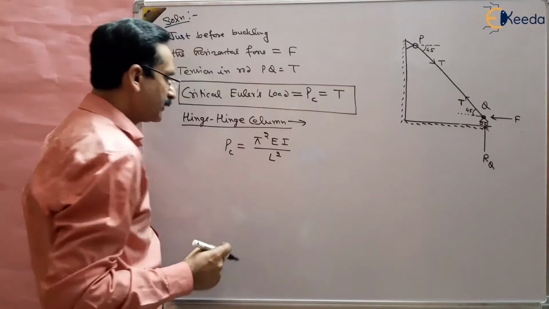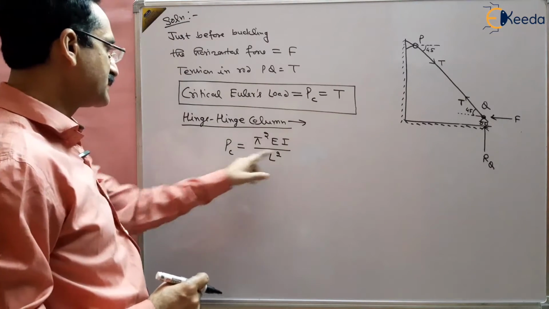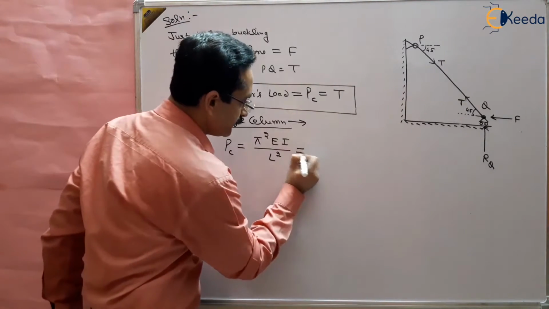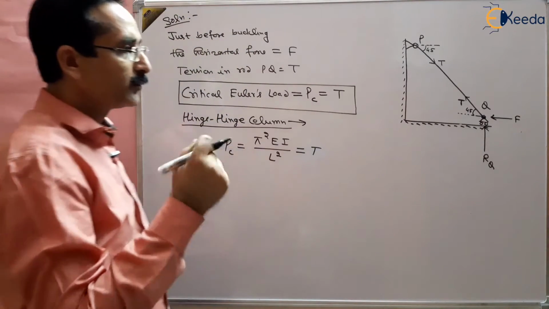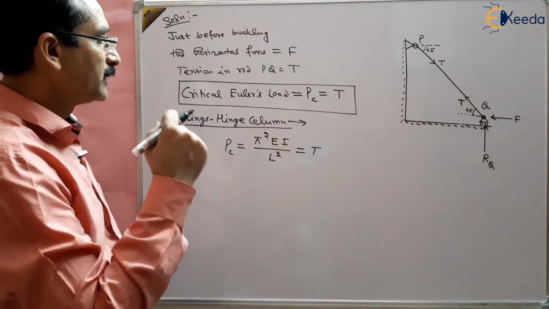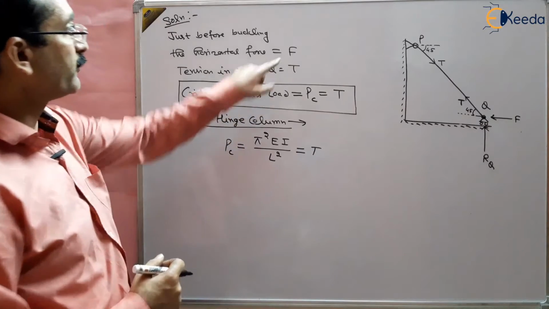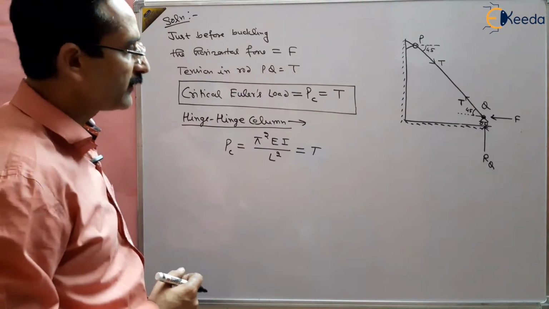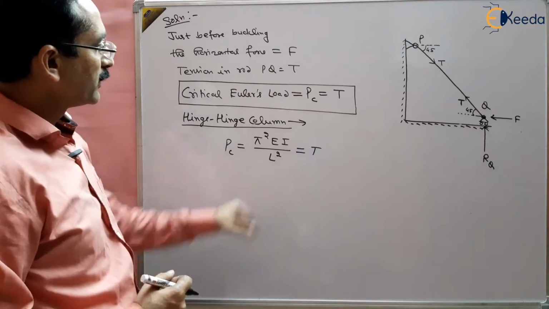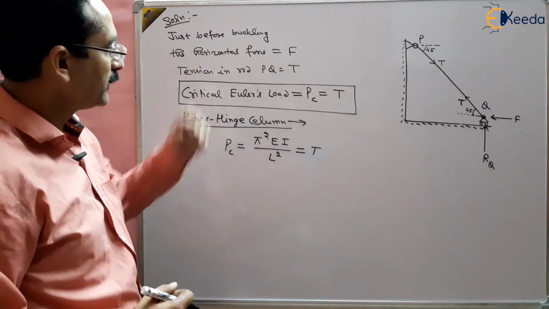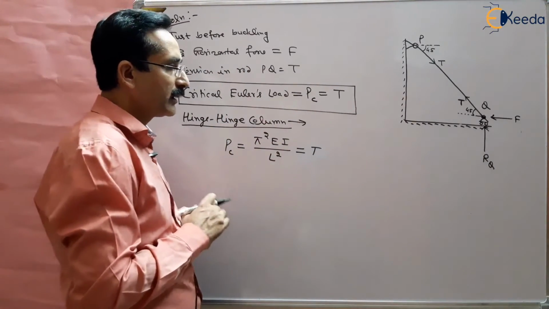So PC, the critical load, is equal to the tension at the moment just before the start of buckling. But we have to find F, the horizontal force. So we have to get a relation between T and F.